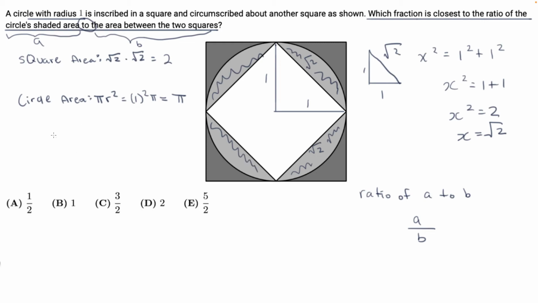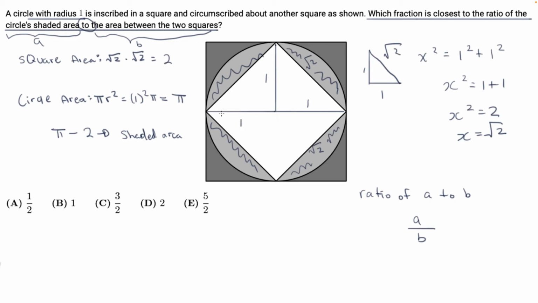So we take the area of the circle, which is pi, and subtract the area of the square, which is 2. So pi minus 2 is the shaded area. Next, to find the area between the two squares, we know that this large square, we can find this side using the circle we have been given. The circle still has a radius of 1, so we can draw a line from this side to the center and label that as 1.